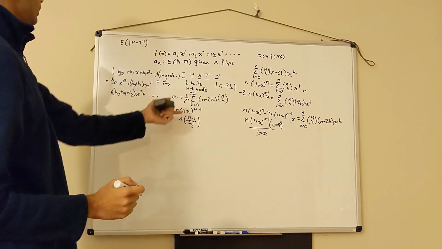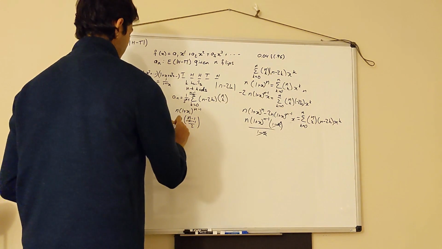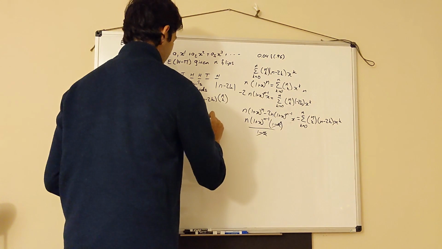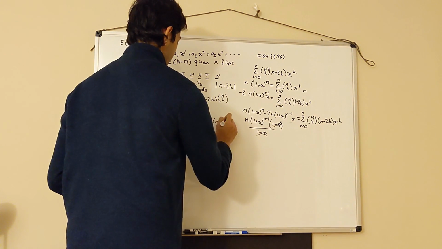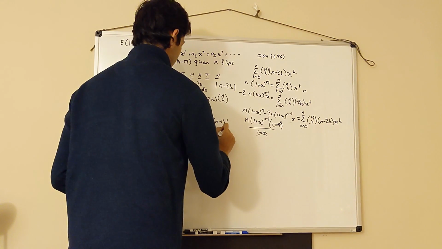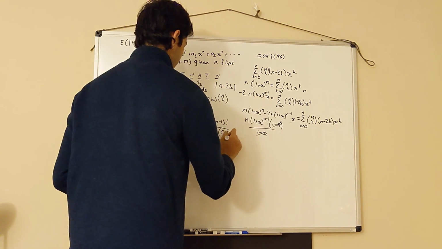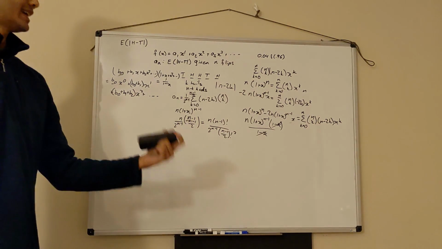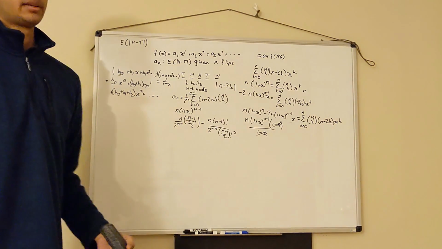And we can now reintroduce that 2 to the power of n minus 1 here. And we can write this out as being n times (n minus 1) factorial divided by 2 to the power of n minus 1 times ((n minus 1 over 2) factorial) squared. And remember, here we're only taking into account that n is odd, so n minus 1 over 2 is going to be an integer.